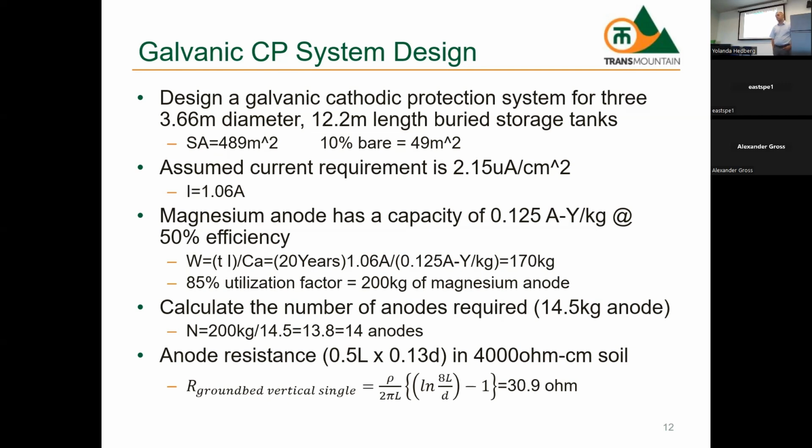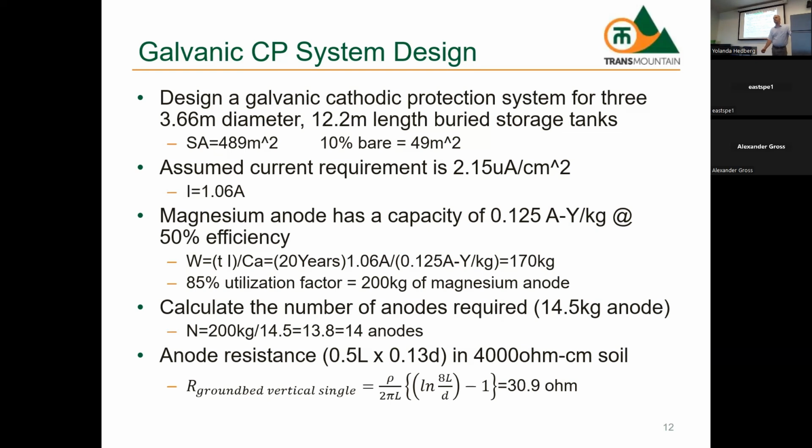If the soil has a bigger resistivity, you would need more anode material? Less. Correct. So galvanic systems, typically like 4,000, 5,000 ohm-centimeters, that's your max. Typically a galvanic system you want to be using in the lowest resistivity you can.